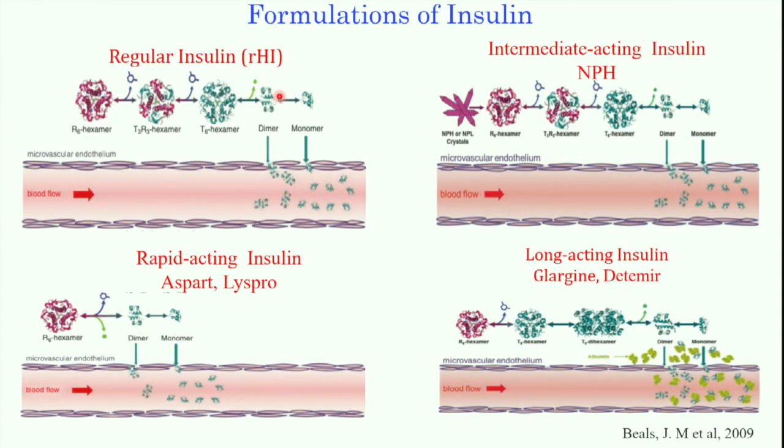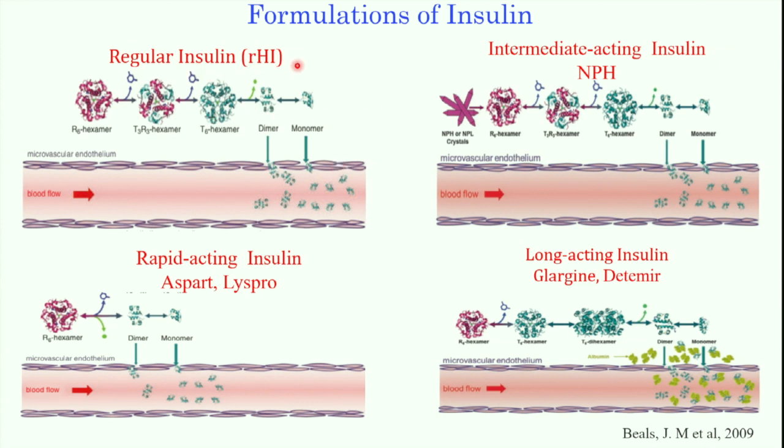So insulin is generally formulated in a hexameric form, which is stabilized with zinc and protonium sulfate. It's called R6, relaxed state hexamer. Then phenol or metacresol can exit, and it can go to T3R3 or T6, where zinc can go off, and then you have a dimeric and then monomeric form. Now this monomeric form actually enters the blood capillary, and that is used for controlling the blood glucose, right? So this oscillation happens in regular insulin.